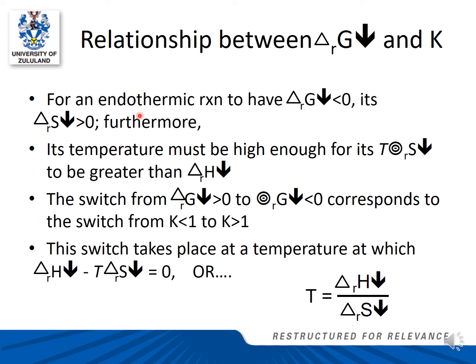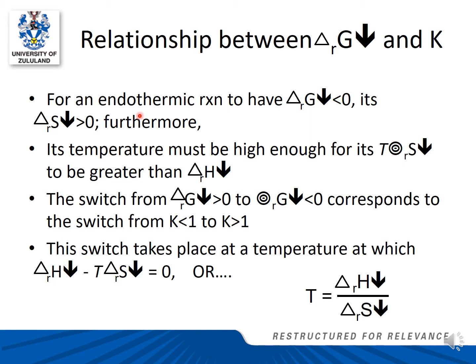Its temperature must be high enough for T ΔS to be greater than the enthalpy change of that reaction. The switch from the reaction Gibbs energy greater than 0 to less than 0 corresponds to the switch from the equilibrium constant less than 1 to greater than 1.